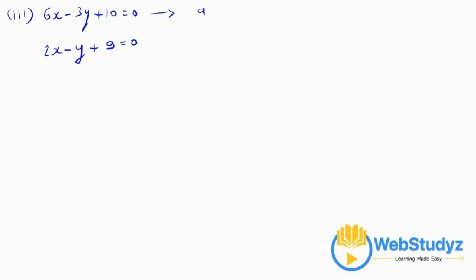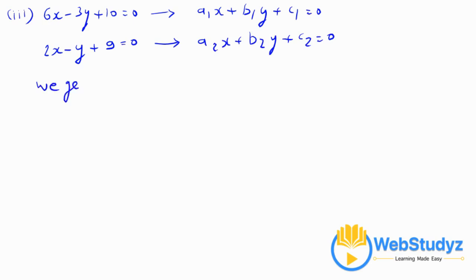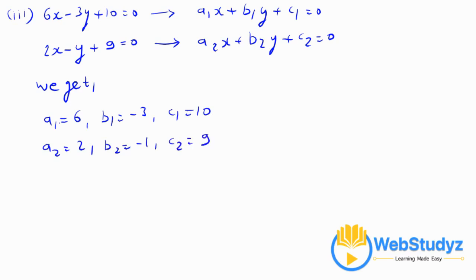Comparing the first equation with a1x plus b1y plus c1 equals 0, and the second equation with a2x plus b2y plus c2 equals 0, we get a1 equals 6, b1 equals minus 3, c1 equals 10, a2 equals 2, b2 equals minus 1, and c2 equals 9.